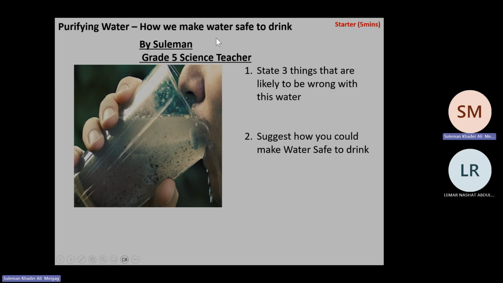How we make the water safe to drink. Number one, state three things that are likely to be wrong with this water. So, what are the three problems you can see in this water?